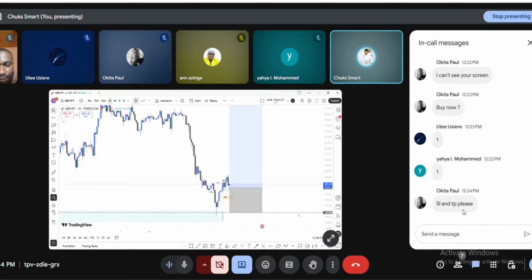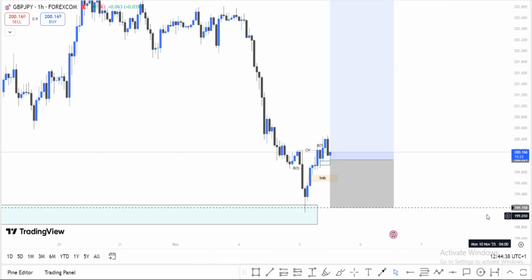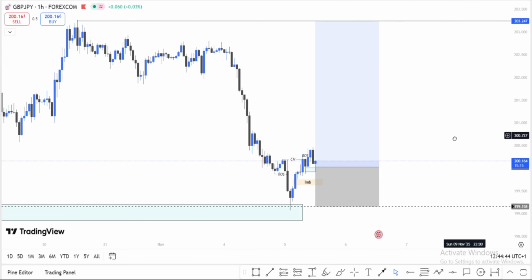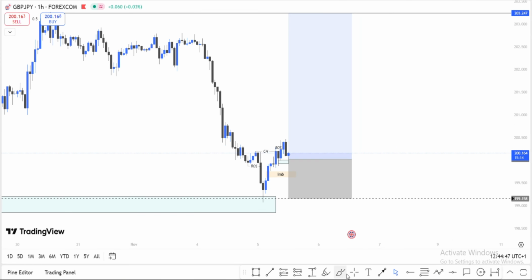Okay, somebody asked for SL and TP. The SL is 199.158.